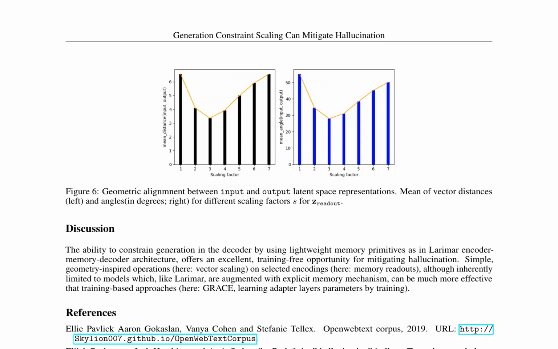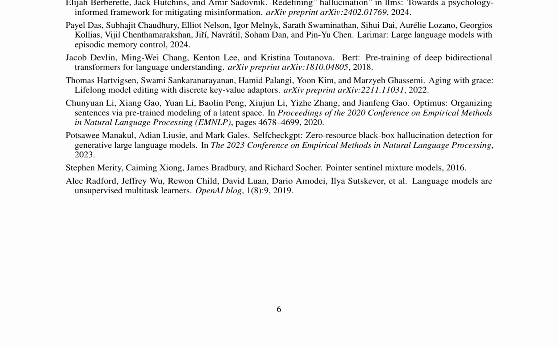Additionally, the geometric alignment between input and output latent space representations is analyzed, highlighting the effectiveness of vector scaling operations. The research emphasizes the benefits of this training-free approach over traditional training-based methods in mitigating hallucination. It also references several related studies and models, such as Grace, BERT, and Optimus, for further context and comparison.